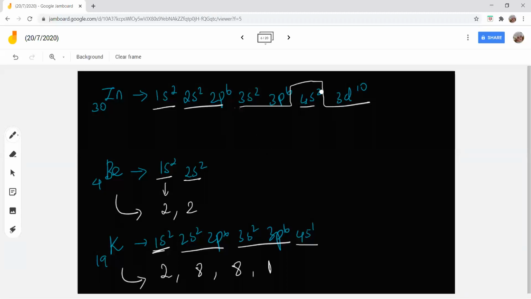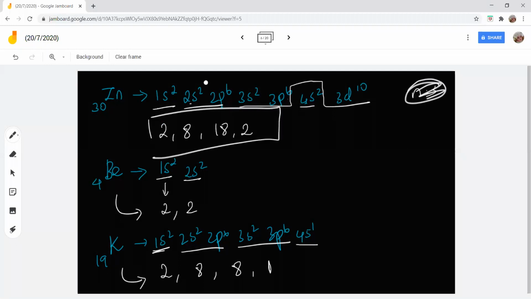The n value for 3s, 3p and 3d is n equal to 3. So they belong to the third energy level. Do you understand? Now in 1s I'll have 2 electrons. Second energy level I have 8 electrons, 6 plus 2. Third energy level I have 10 plus 6 plus 2, 18 electrons. And in the fourth energy level I have 2 electrons. So this is the electronic configuration of zinc. You understand what I am trying to say?